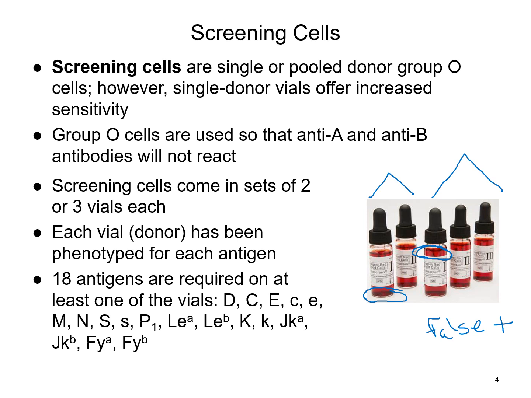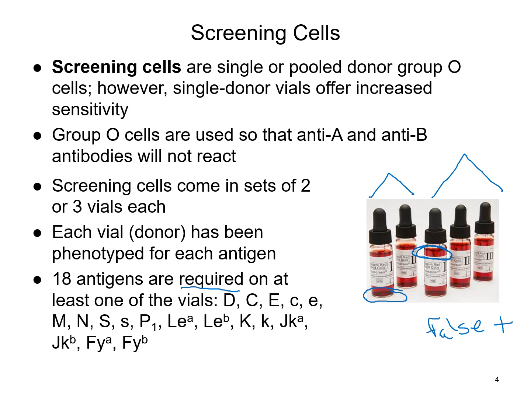Okay, so each vial, or those donors that are within those vials, have been phenotyped for their antigen profile, their antigen makeup. Now, there are 18 antigens that are actually required to be present on at least one of those vials. So those antigens that have to be present are going to be those ones that you see on those panels.